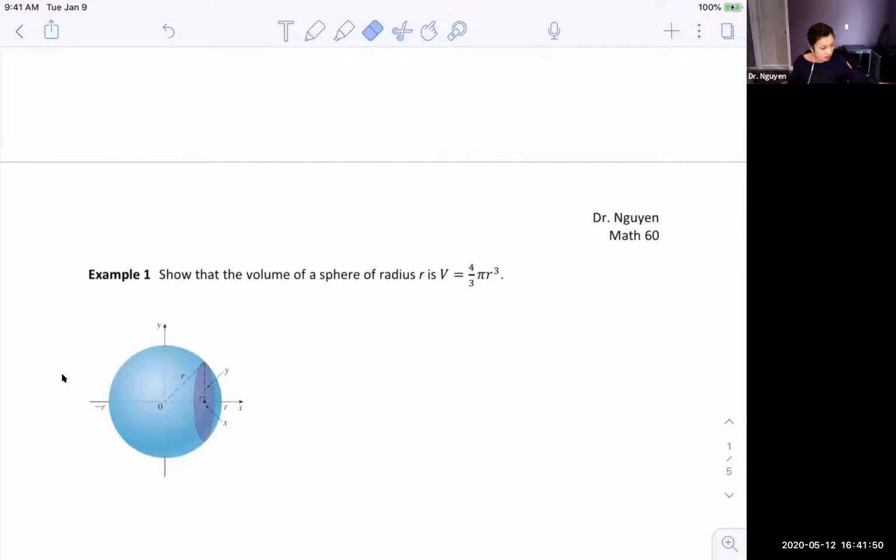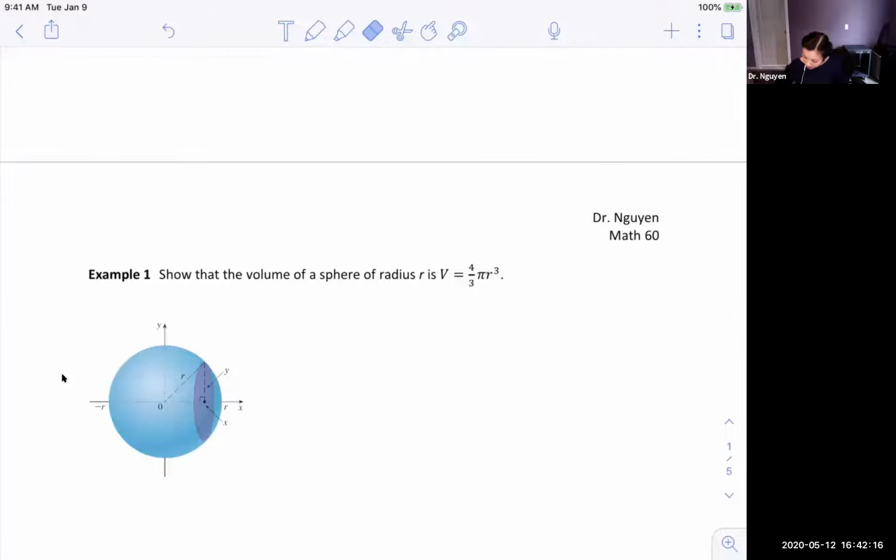What you see in there, the cross section, is a circle, right? And R is the radius of the sphere. Now we're gonna do the cross section perpendicular to the x-axis.